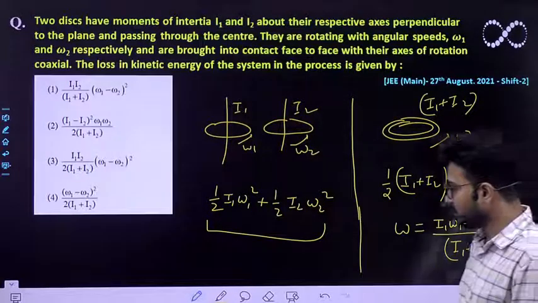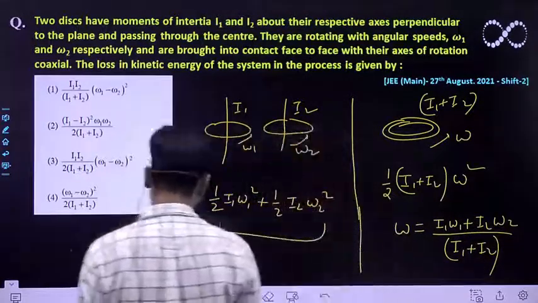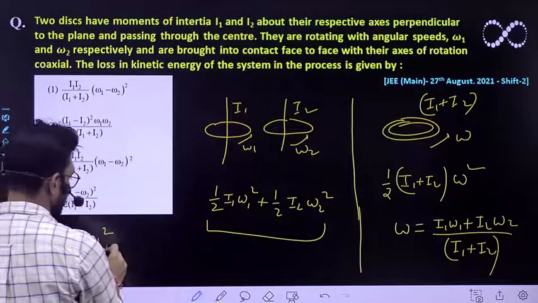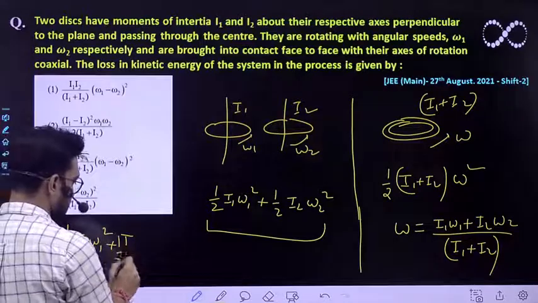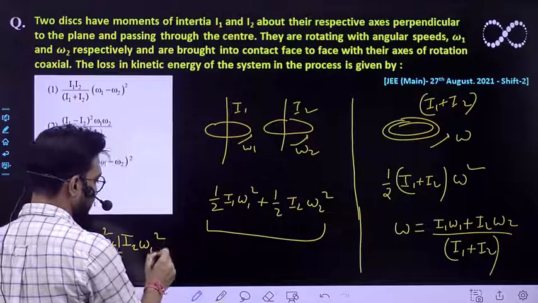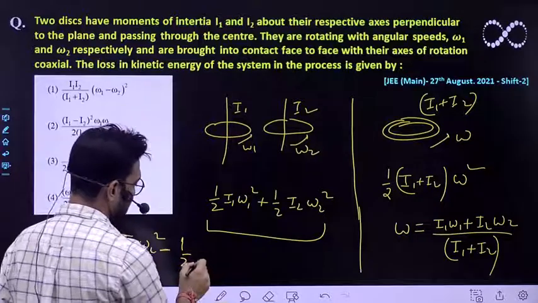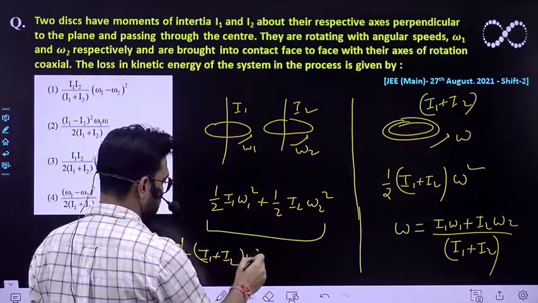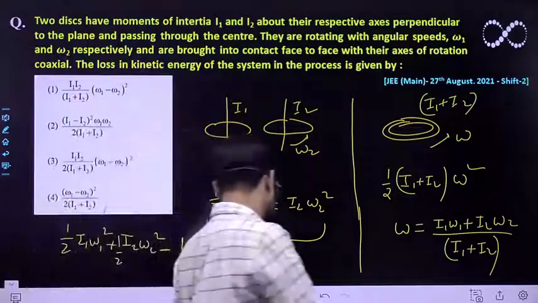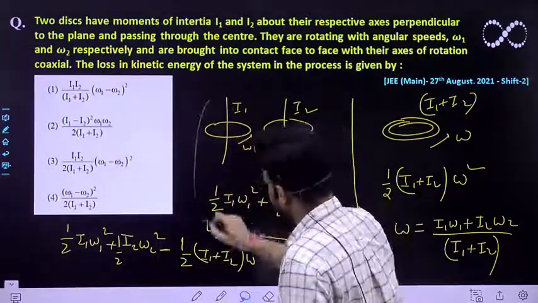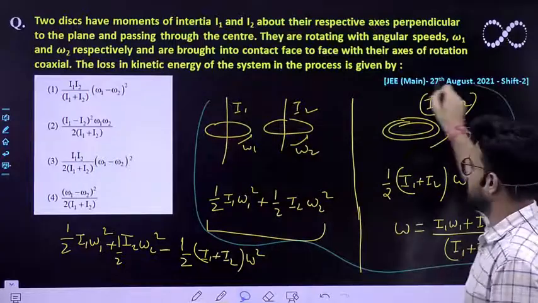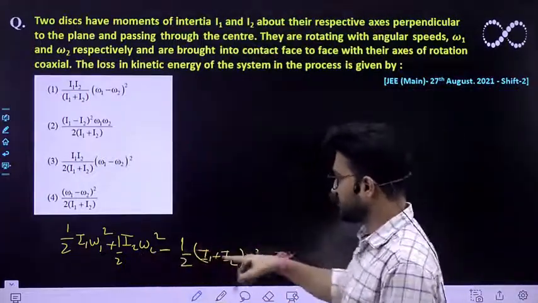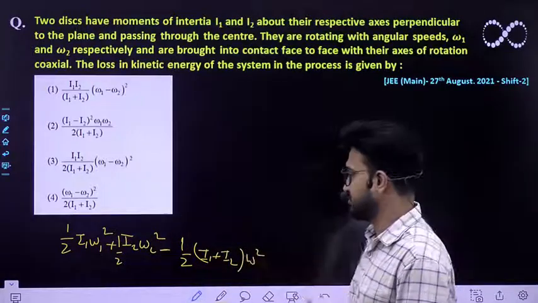So the loss in its kinetic energy would be equivalent to half I1 omega 1 square plus half I2 omega 2 square minus half I1 plus I2 into omega square. So you need to find out the expression of this. So let me just delete it so that we can further solve this expression. So this expression is the loss in the kinetic energy.